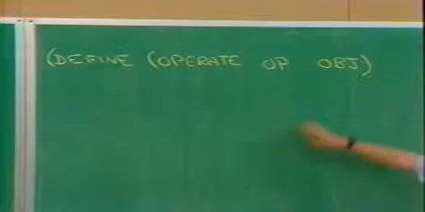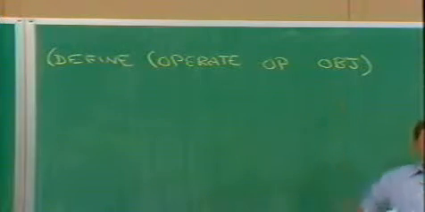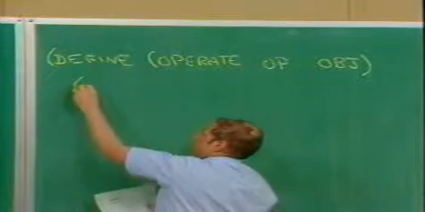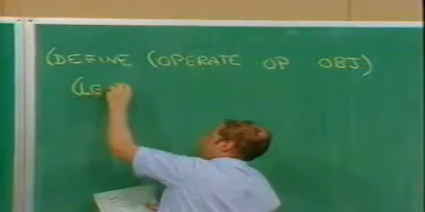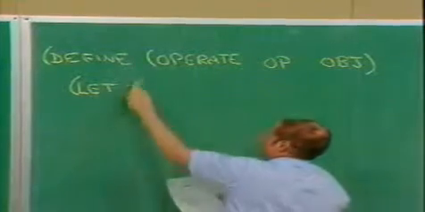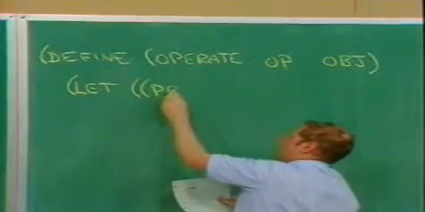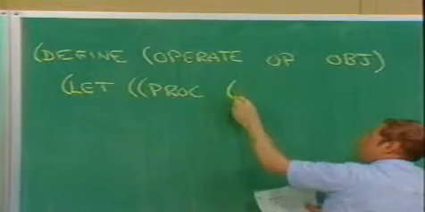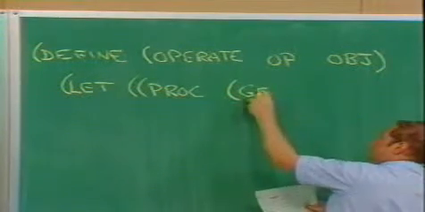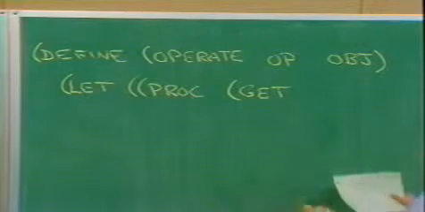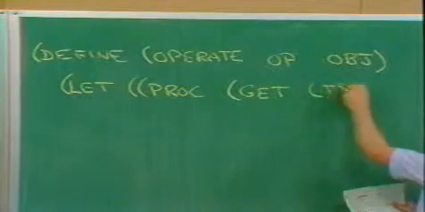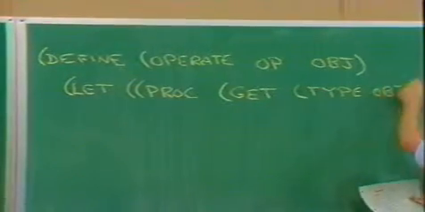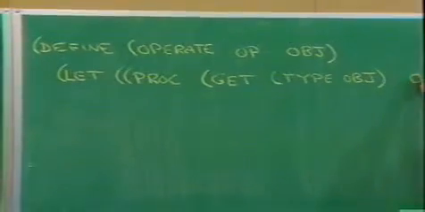So for example, the real part of some particular complex number. What does it do? Well, the first thing it does, it looks in the table, and tries to find a procedure that's stored in the table, right? So it gets from the table, using as keys the type of the object and the operator.